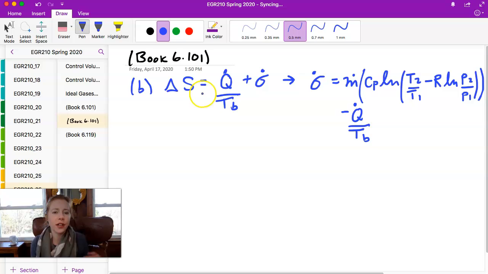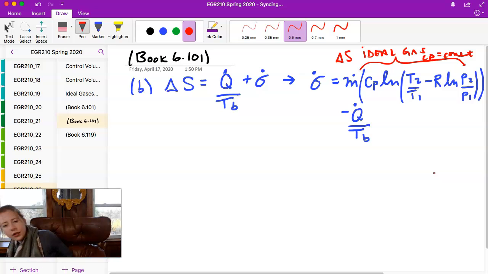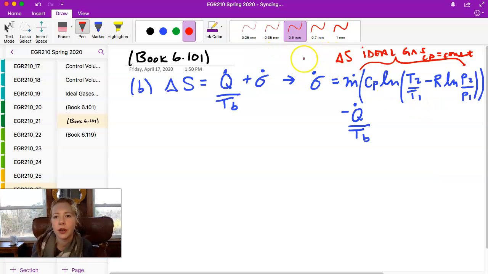And so when you're looking for delta S for an ideal gas with a constant Cp, you can do this little trick where delta S is equal to Cp times the natural log of T2 over T1 minus R times the natural log of P2 over P1. And that's just because we have an ideal gas. So this is delta S for an ideal gas where Cp is a constant. And that would be equation 6.22 from your book, if you wanted to look at it.